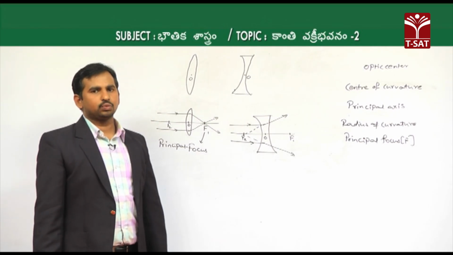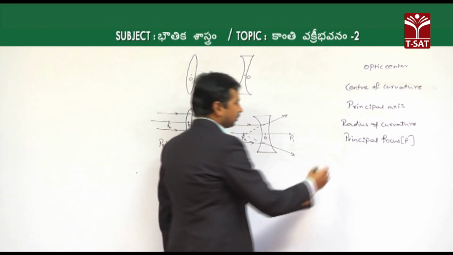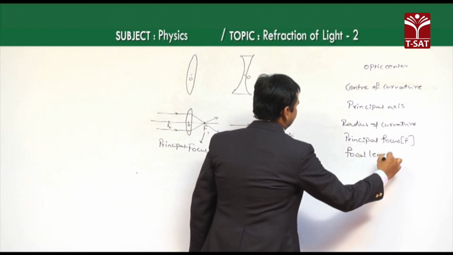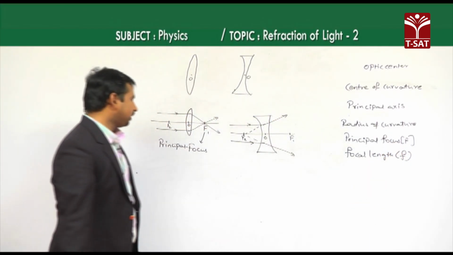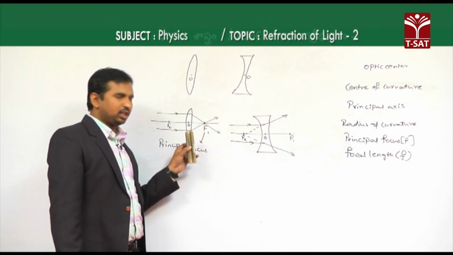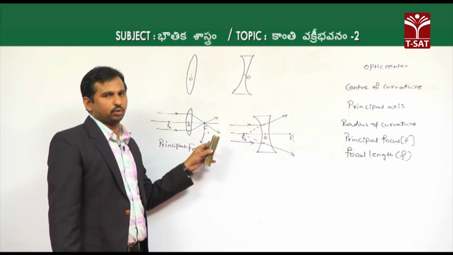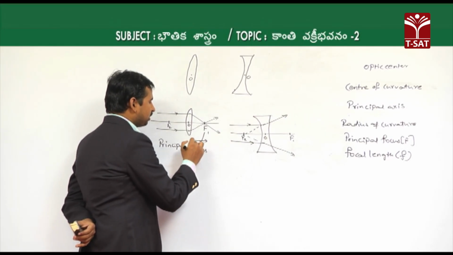Okay. And the next one we have is the focal length, which is a distance. Focal length, small f. Focal length is nothing but the distance between the optic center and the principal focus.